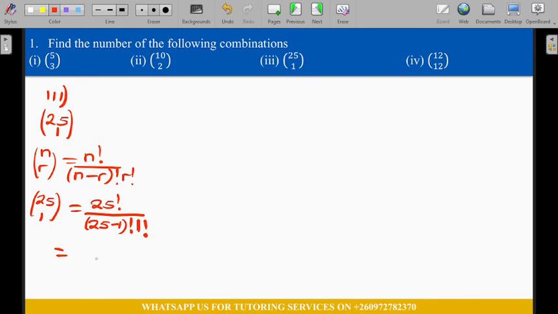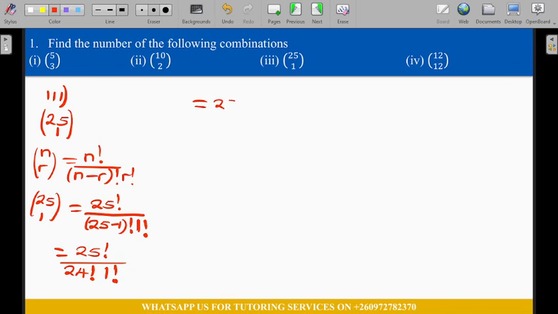Now let's evaluate this. For the numerator we have 25 factorial, and for the denominator we say 25 minus 1, which gives us 24 factorial, then 1 factorial, of course. Now we need to evaluate this. We'll reduce 25 factorial up to 24 factorial.